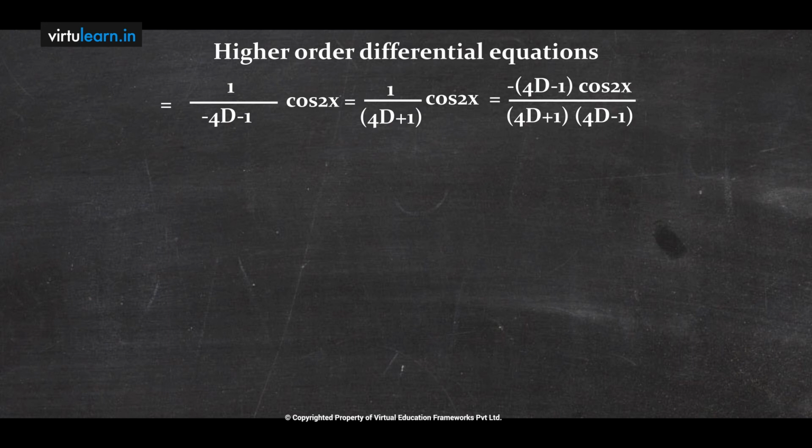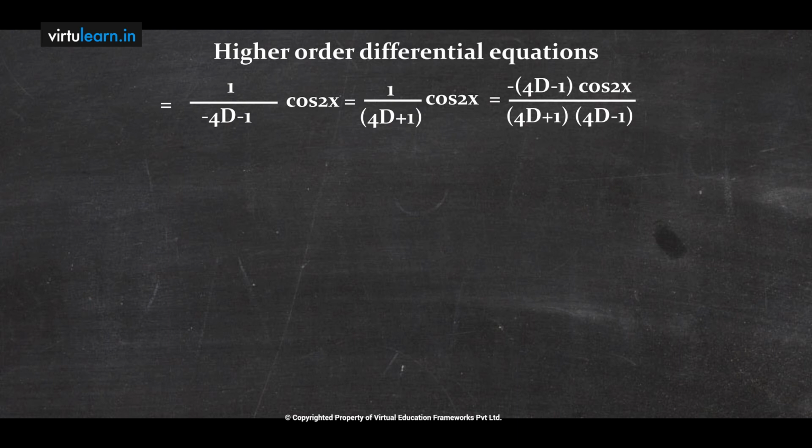What is my technique? In the denominator, if you observe d square, replace d square by minus 4. Now in the denominator I have only the d term, so you convert that d term also in terms of d square. How should I convert? By rationalization.